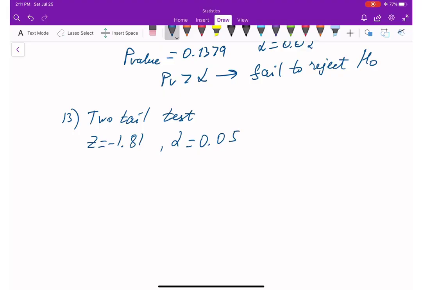So we need to find the p-value for this hypothesis test with the given standardized test statistic, and then find out if we need to reject or fail to reject. So what do we have to do first of all?